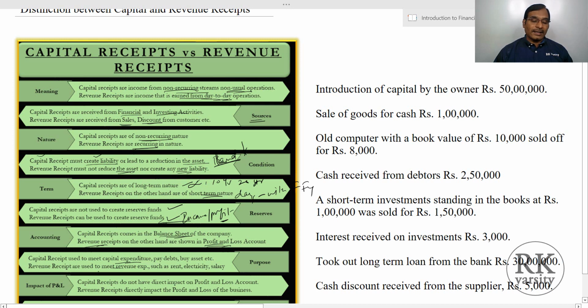On the other hand, revenue receipts are used to meet revenue expenditure: part of the revenue generated during the year we use to pay the costs incurred to generate that revenue. Examples are rent, electricity, salary, and so on.